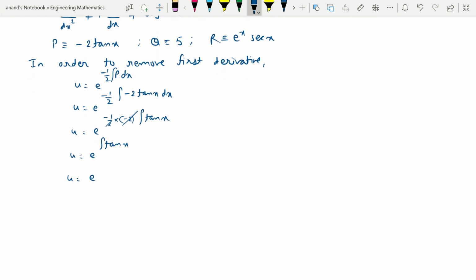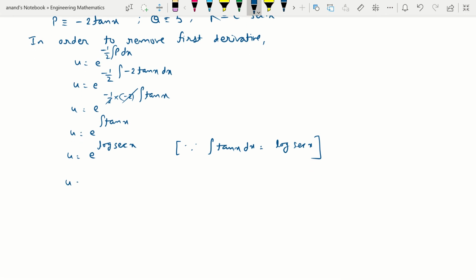We know that integration of tan x dx equals log of sec x, and we get e to the power log sec x equals sec x, since e to the power log m to the base e equals m. So we get u equals sec x.